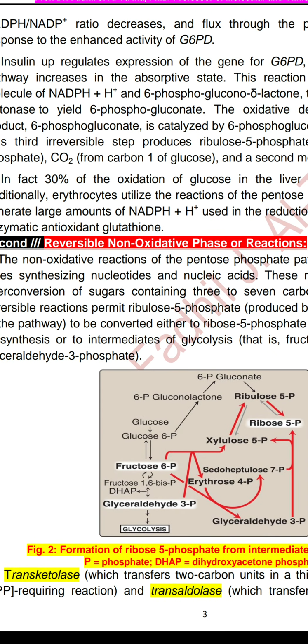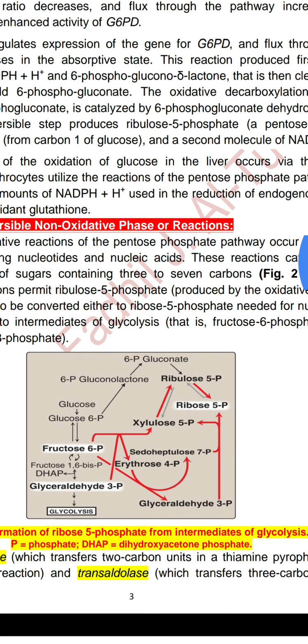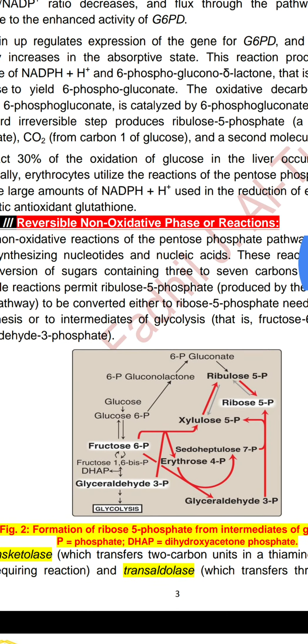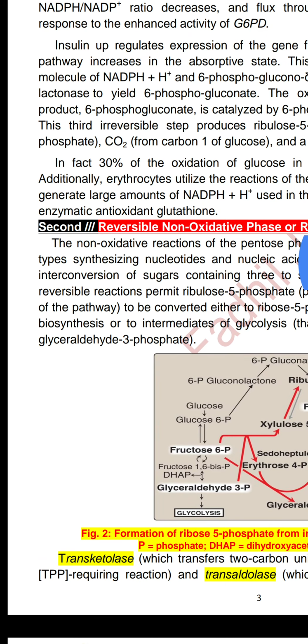30% of the oxidation of glucose in the liver occurs via the pentose phosphate pathway.